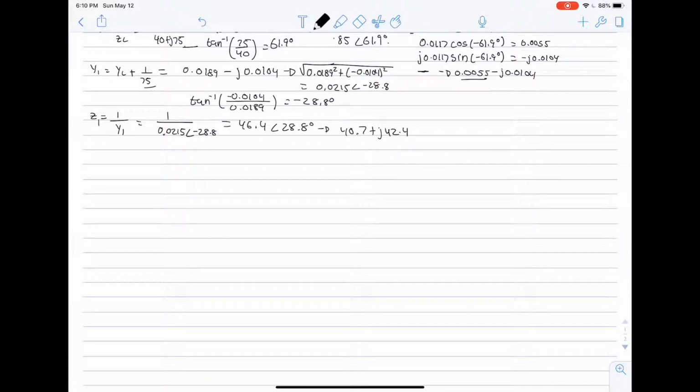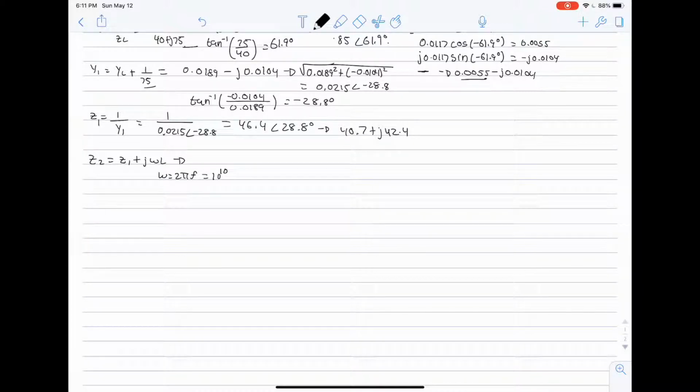And since we're going to add the inductor in series with this, we'll call it Z2 equals Z1 plus J omega L, because that J omega L is the impedance of an inductor. And we can calculate our omega using the formula 2 pi times F, which is the frequency. That would give us omega to be 10 to the 10.